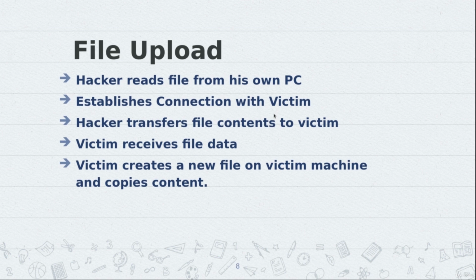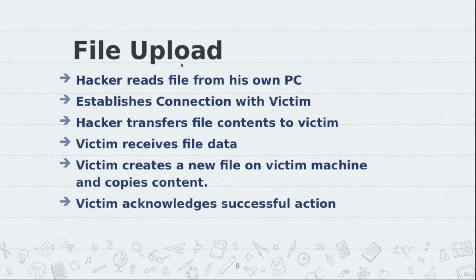Once the victim has created the file and copied all the file contents onto its local machine, the victim can acknowledge back to the server that it has finished writing the files or downloading the files to the victim machine. So that's the whole process that you need to keep in mind. In the next lecture we will follow this process.